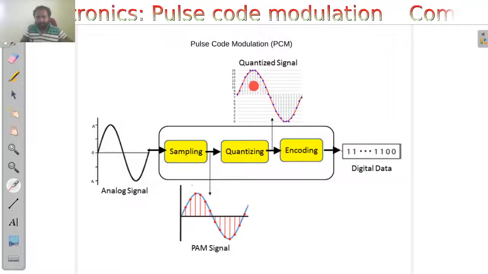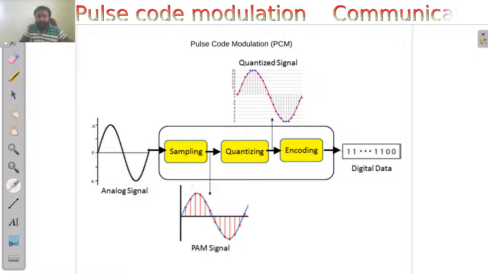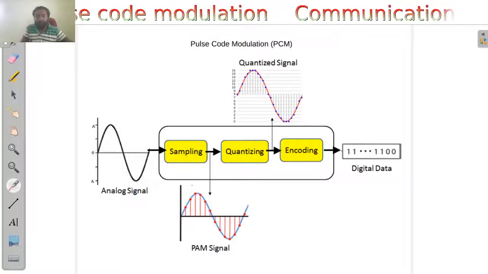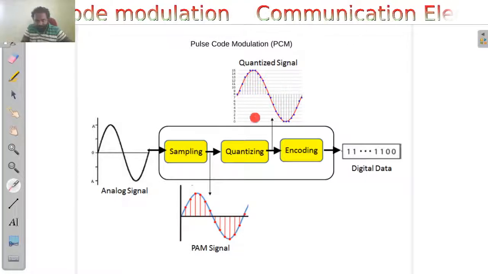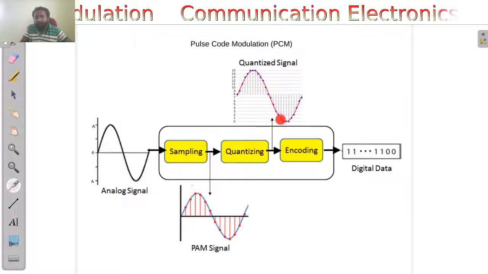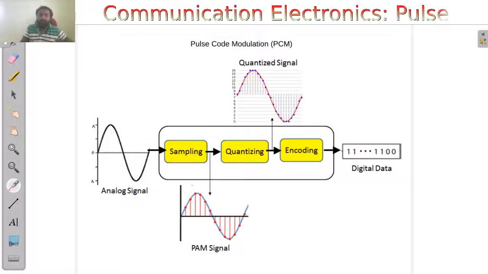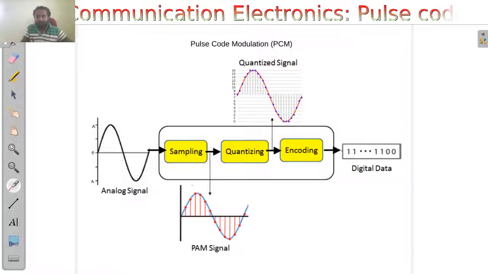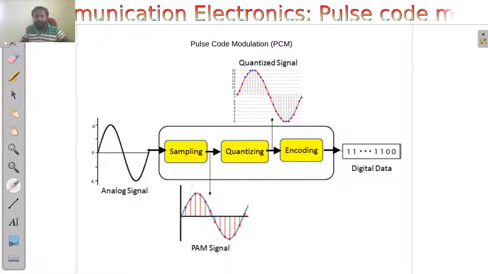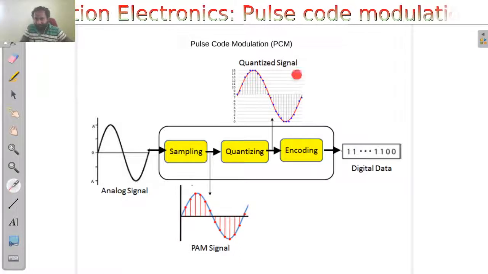And if the number of levels, here 16 levels, is increased from 16 to 32, there will be more levels coming in between, and your approximations will represent your actual variation better. So when you increase the number of quantization levels, the better will be your sampling, and the better your signal will be represented.